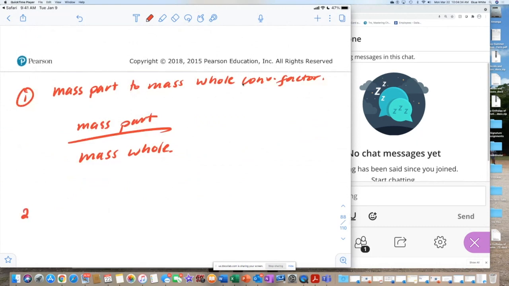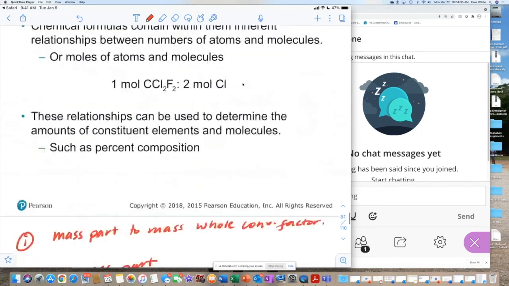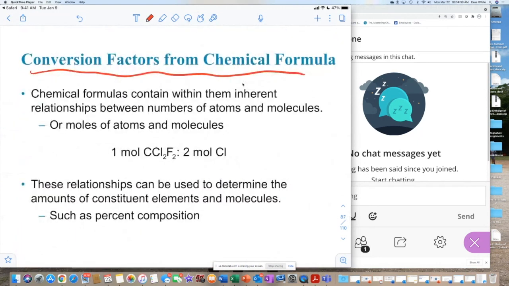The second conversion factor you have is moles. In this part here, they're talking about conversion factors from a chemical formula. You can have two main types, mass to mass and then moles to moles. So from this part here, I'm going to show you the mole to mole conversion factor.